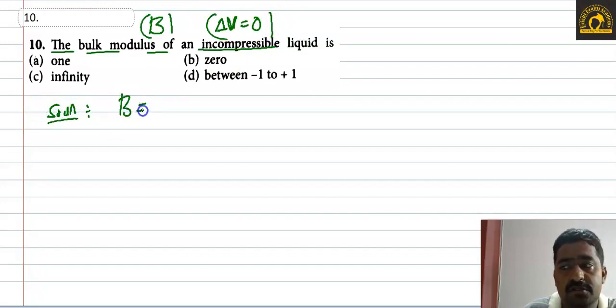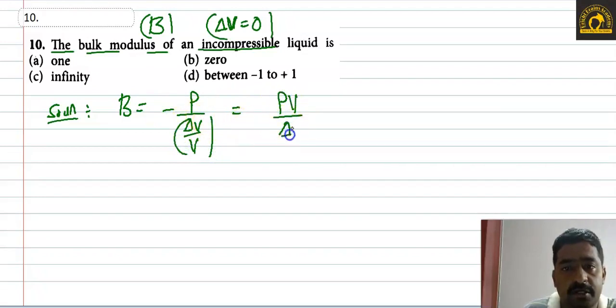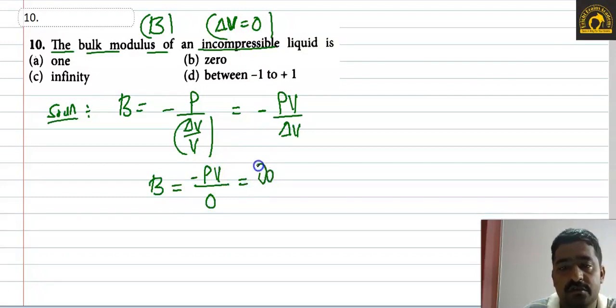The bulk modulus is equal to minus P into delta V by V, that is, minus PV divided by delta V. What is the change in the volume? That is 0, and any number divided by 0 is infinity. So the answer is C, infinity.